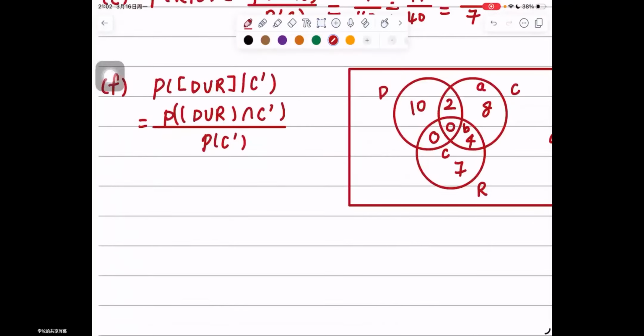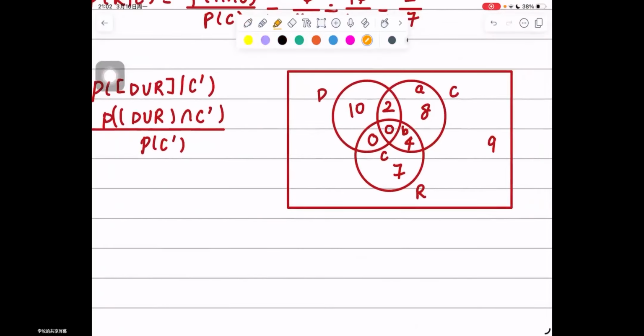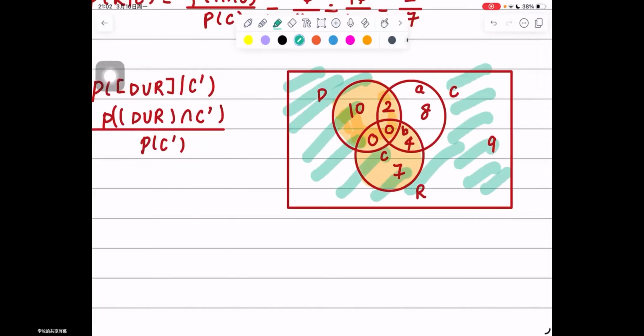So the part in the numerator, D union R, so let's first draw D union R. So here is D union R, right? And then C complement is all the part excluding C, so it's this one. Okay, and what is the intersection between the green part and the yellow part? It's this part.